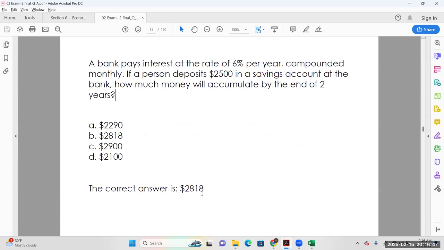Yeah, almost. 2,818. Okay. That is because of the decimal factor.